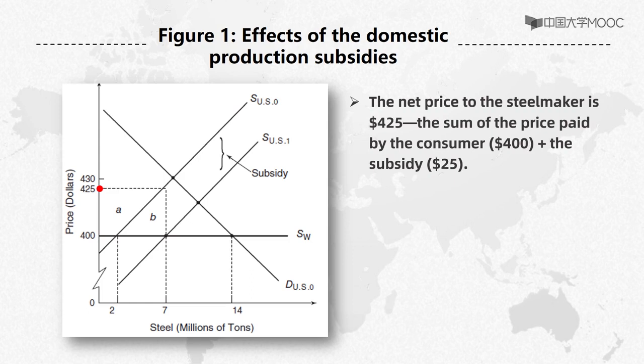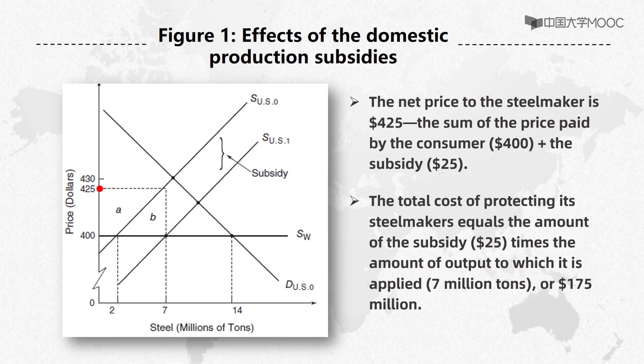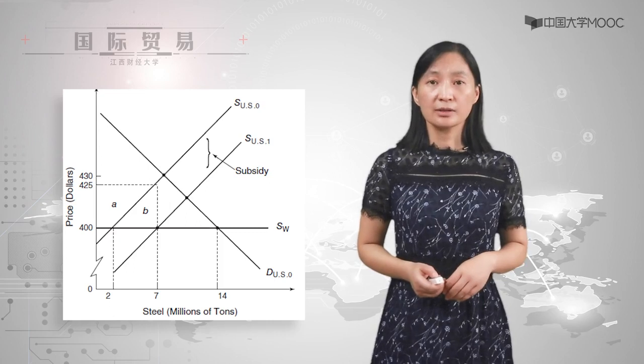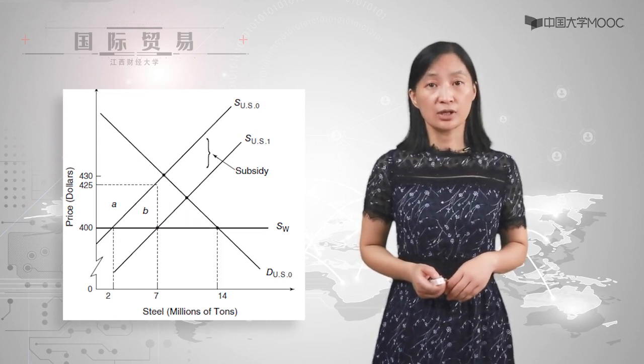To the U.S. government, the total cost of protecting its steel makers equals the amount of the subsidy, $25, times the amount of output to which it's applied, 7 million tons, or $175 million.